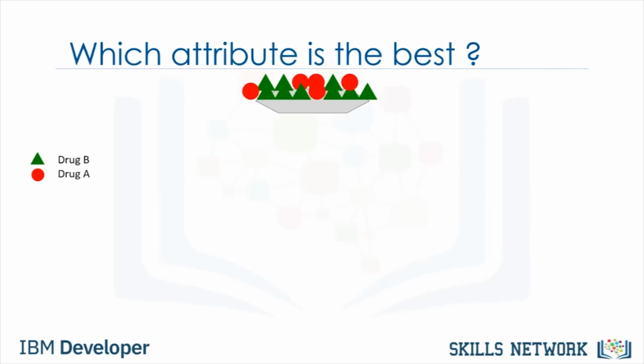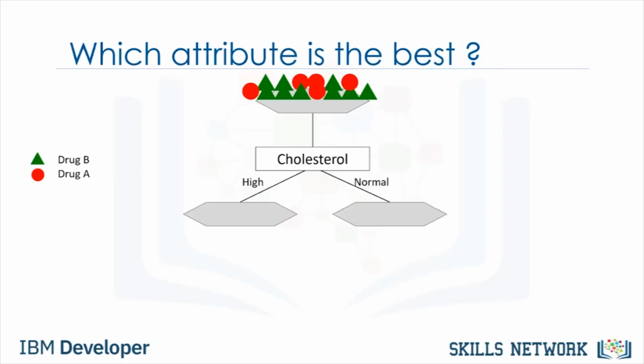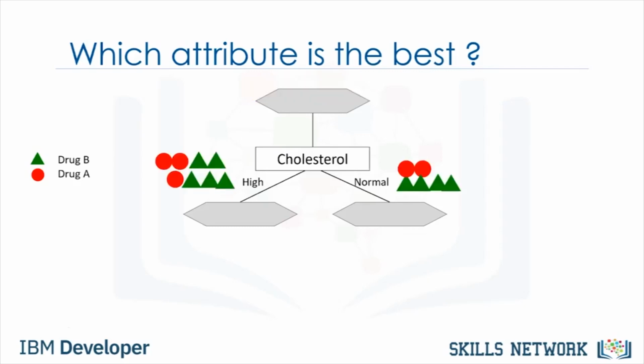The algorithm chooses the most predictive feature to split the data on. What is important in making a decision tree is to determine which attribute is the best or more predictive to split data based on the feature. Let's say we pick cholesterol as the first attribute to split data. It will split our data into two branches.